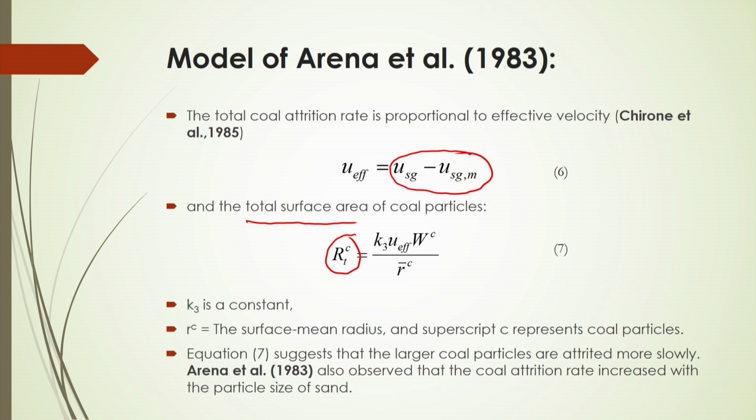Here, Arena et al. also observed that the coal attrition rate increased with the particle size of sand. It is very interesting that larger particles may increase the attrition rate because of the high impact of the particle on other particles, due to their weight.